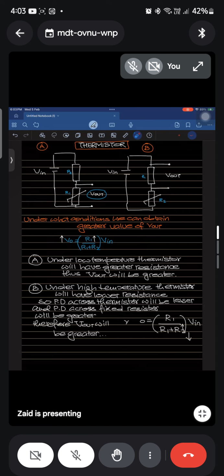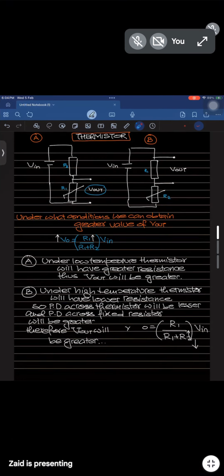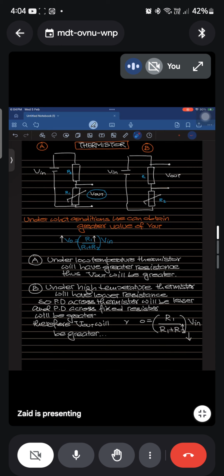All right. For the second one, the potential divider is connected to the fixed resistor. I cannot do anything to the value of the fixed resistor. I have to make changes in the thermistor. If the output voltage is to be higher across the fixed resistor, I have to drop the potential difference across the thermistor, because the potential difference is going to get divided amongst those two. If one gets less, the other is going to get higher. How can I do this?